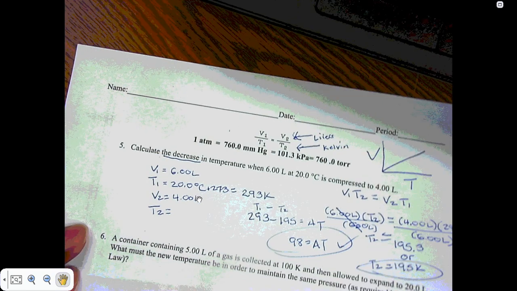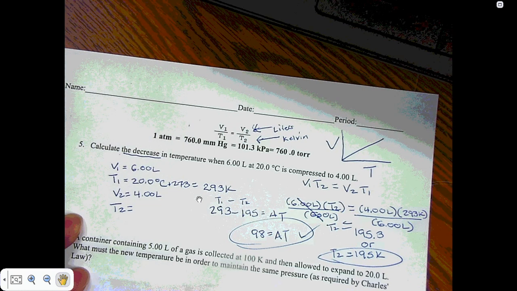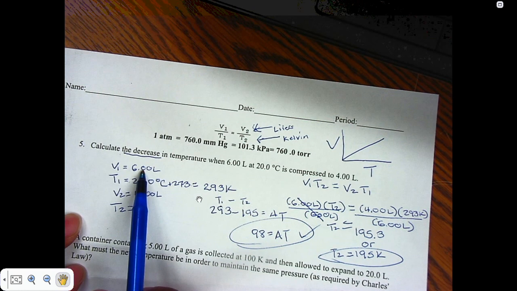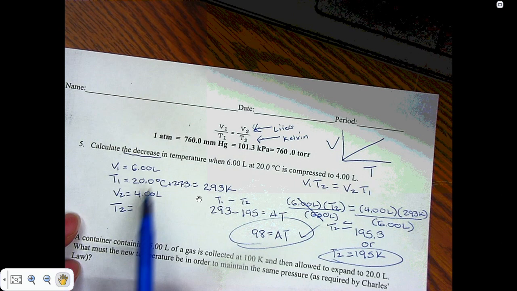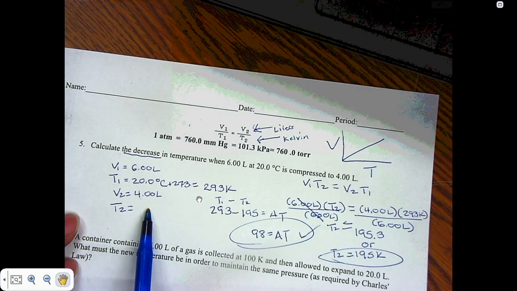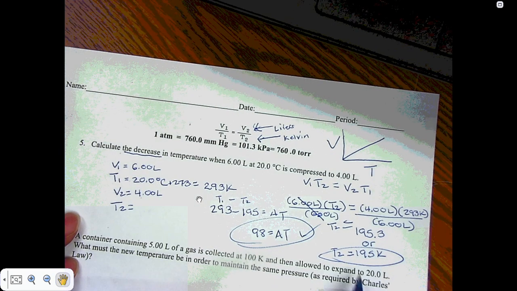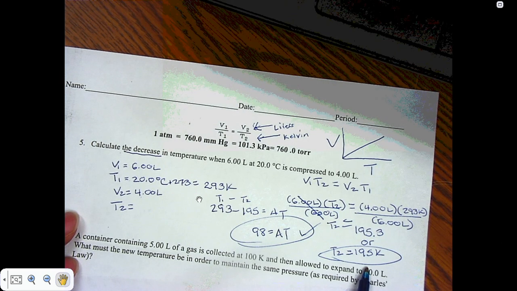Now, if you look back when we were comparing them, we had 6 liters here. This decreased to 4 liters. That should have said that our 293 Kelvin of T1 should have decreased to a much lower value, which indeed did hold true, and it decreased to 195.